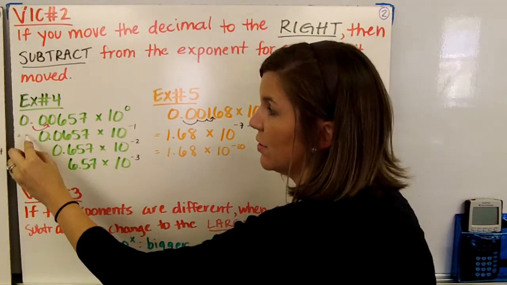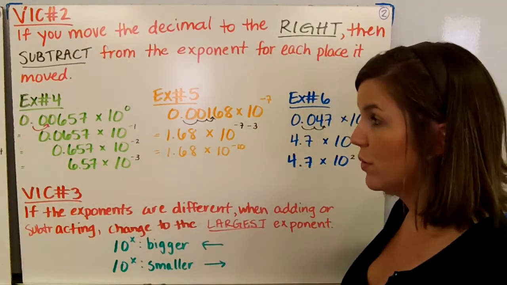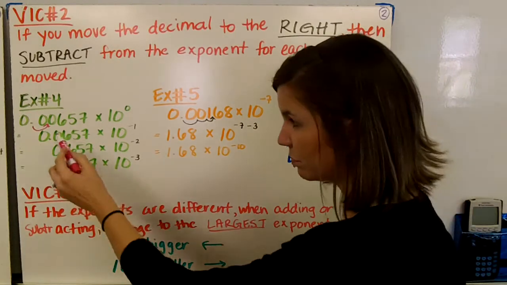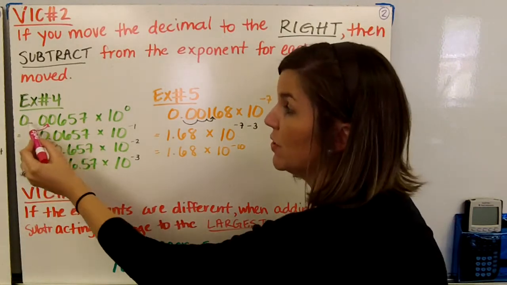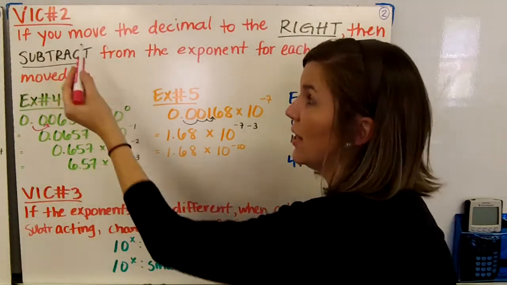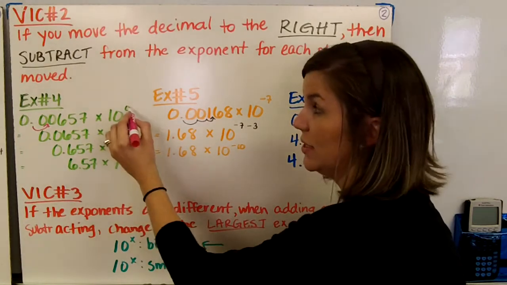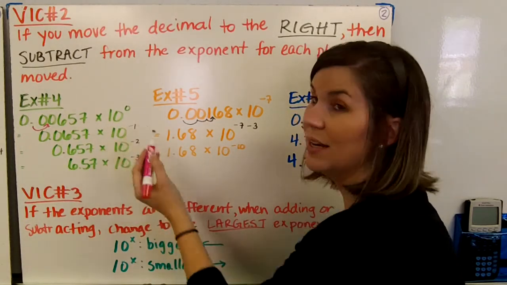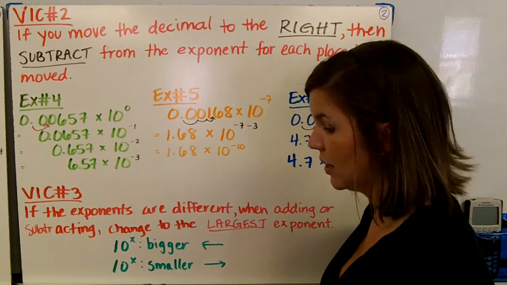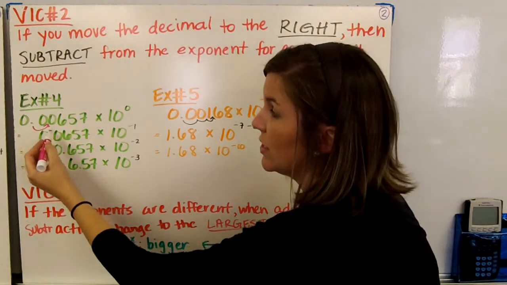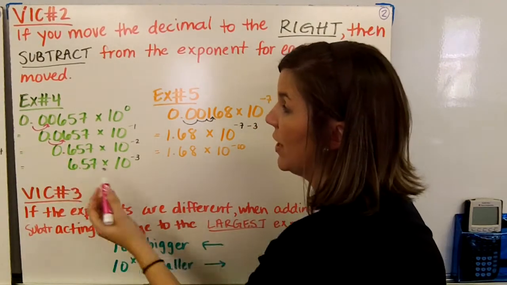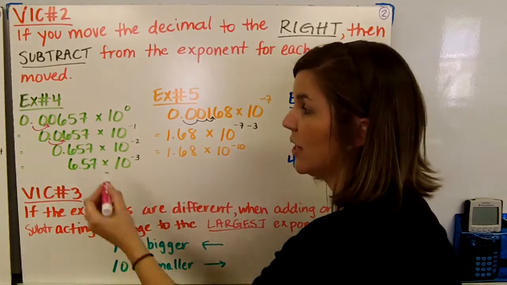This 0 is still over there, but we don't need to write more than 1 zero in front of our decimal. So we've moved it 1 place to the right, so we subtract 1 from the exponent. 0 minus 1 gives us a -1 exponent. For every place that we move our decimal to the right, we subtract 1 from the exponent.